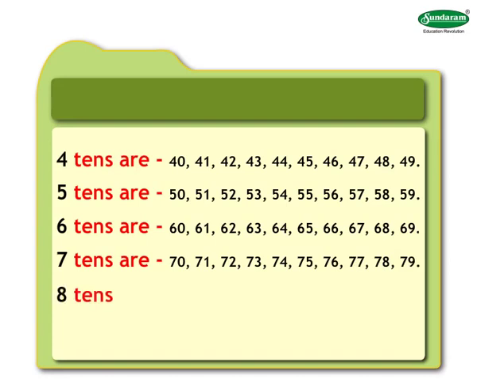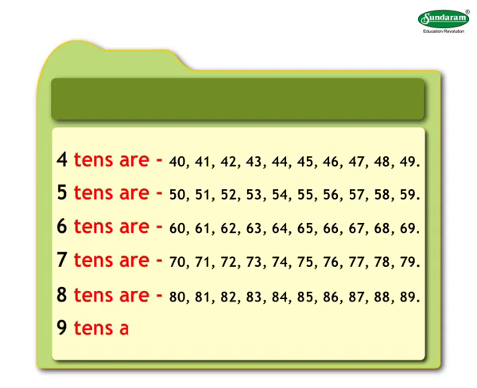The numbers with 8 tens are 80, 81, 82, 83, 84, 85, 86, 87, 88, 89, and the numbers with 9 tens are 90, 91, 92, 93, 94, 95, 96, 97, 98, 99.